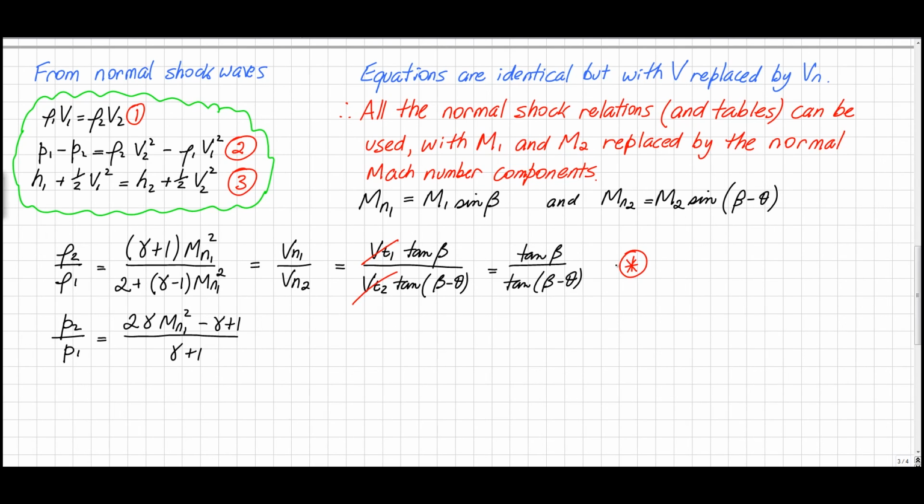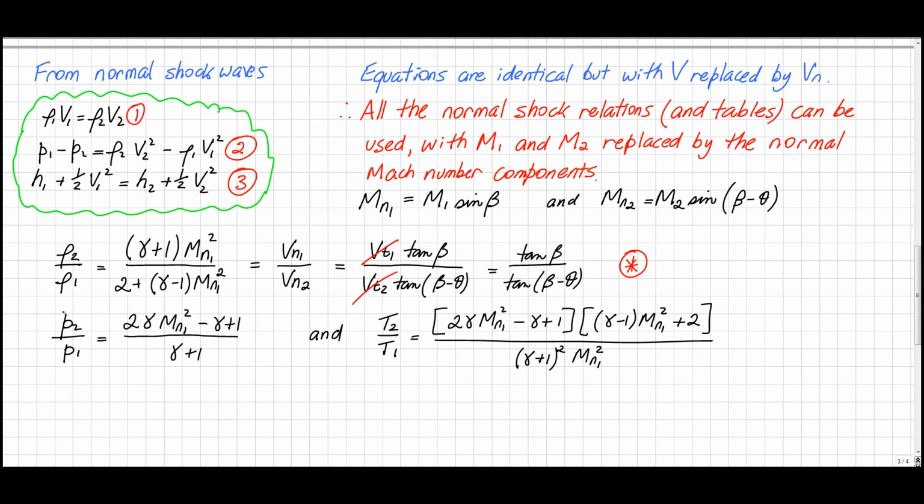And we can write down our relationship for the change in the static pressure across the shock wave and our temperature ratio across the shock wave, again in terms of Mn1 and gamma. And we can also write down an expression for the component of Mach number normal to the shock wave downstream of the shock. The last thing I want to do here is look back at equation star. We've got the tan beta over tan beta minus theta, and we've got a relationship with Mn1 and gamma.